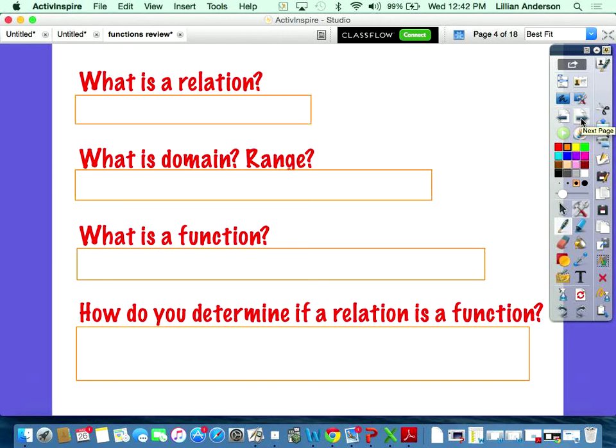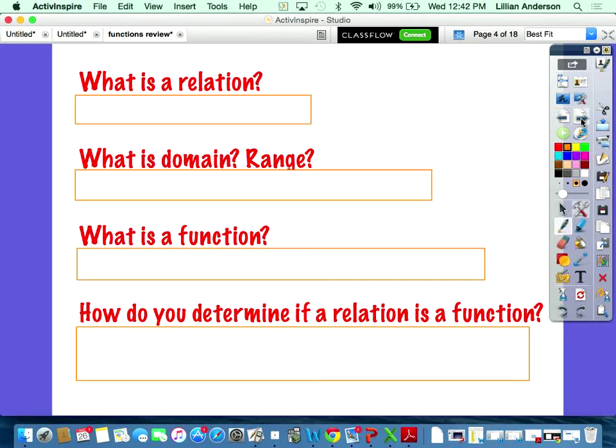Okay. We're going to review the entire functions section. Not every function right now, we're just in general functions. Let's start off. What is a relation? Who remembers what a relation is?